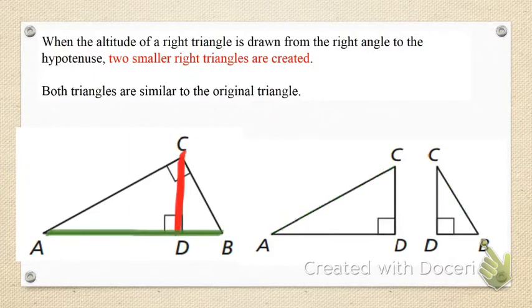Right? You've got the main triangle ABC, that's one, and then you create this smaller triangle, ACD, that's another one, and then you create your smaller triangle, CBD.